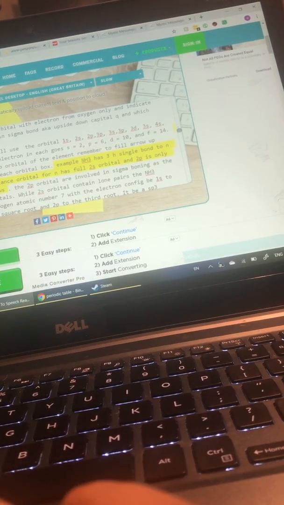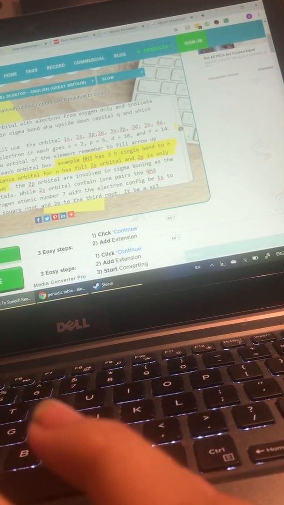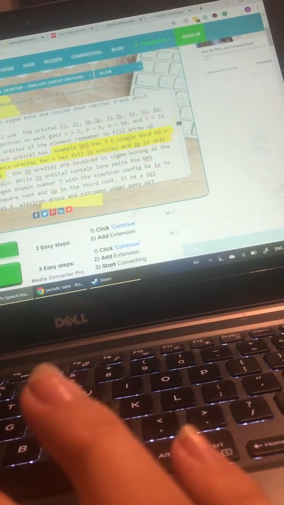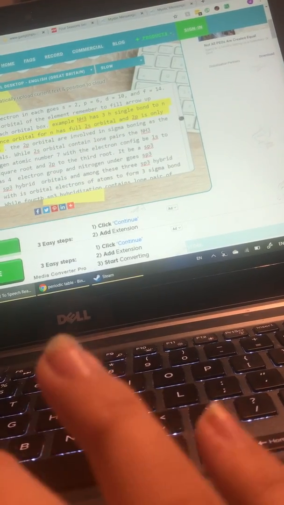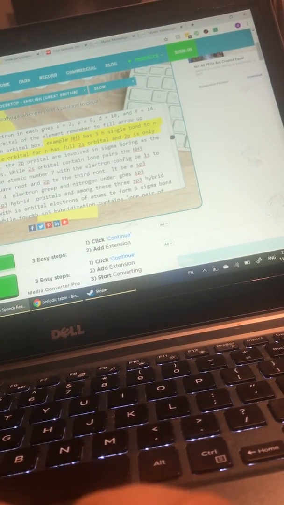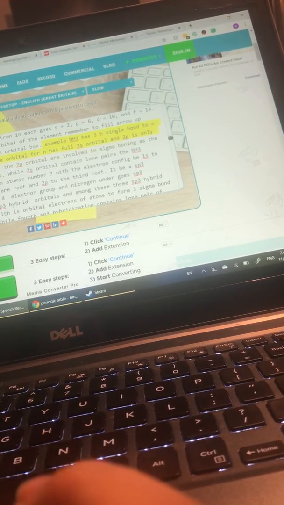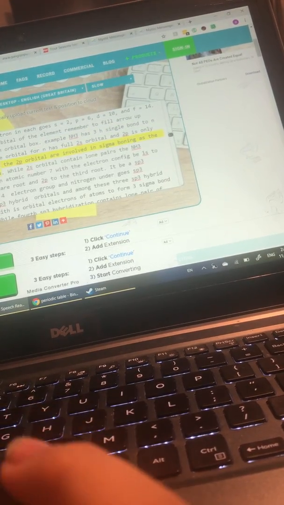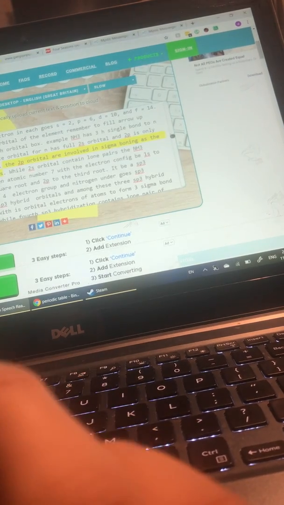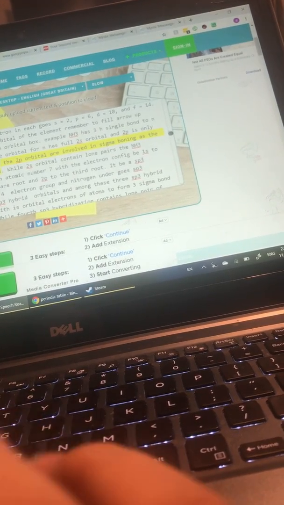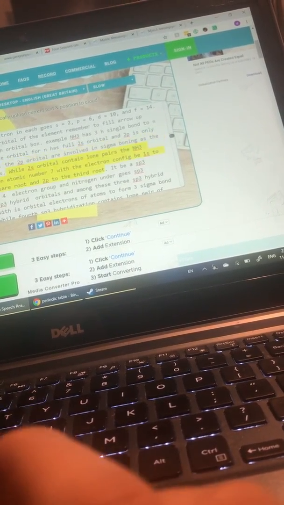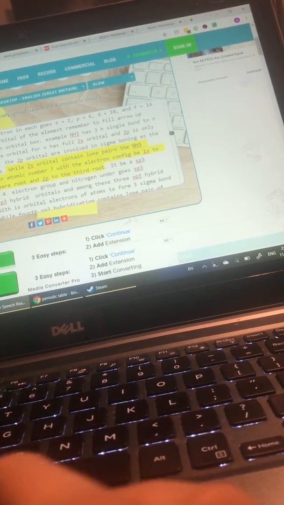Example: NH3 has 3 H single bonds to N with 2 dots on N. The valence orbitals for N have a full 2s orbital and 2p is only filled with 3 up arrows. The 2p orbitals are involved in sigma bonding as the 3 hydrogen atoms' s orbitals, while the 2s orbital contains the lone pair.